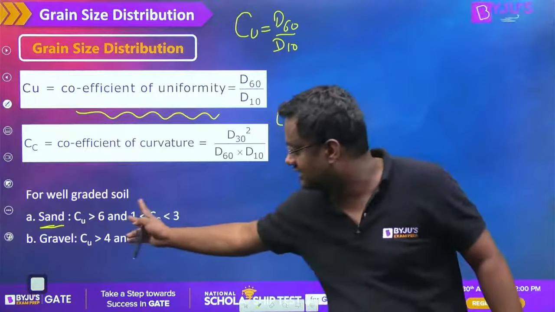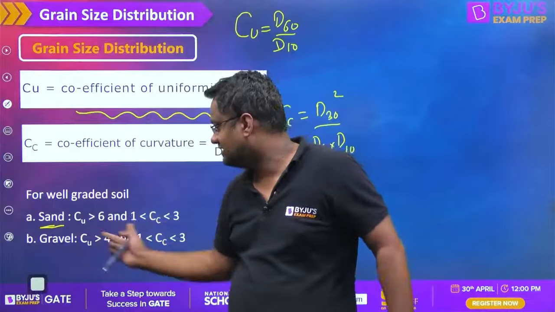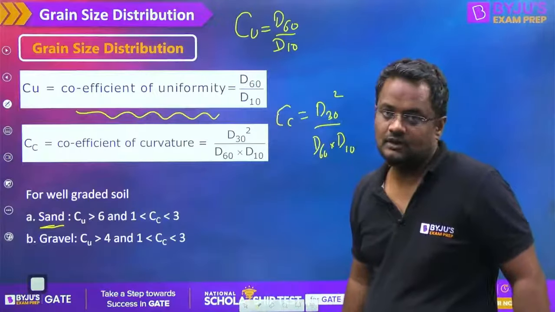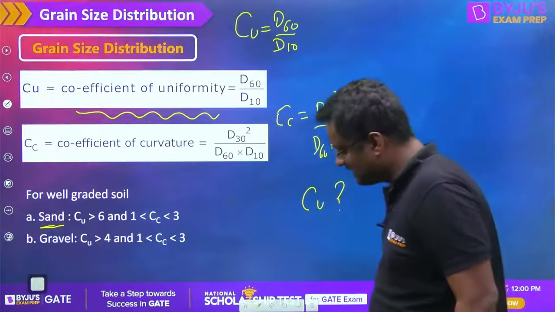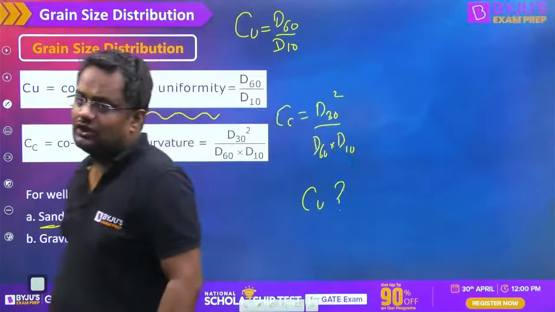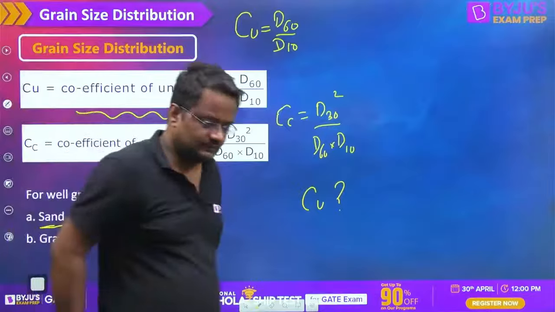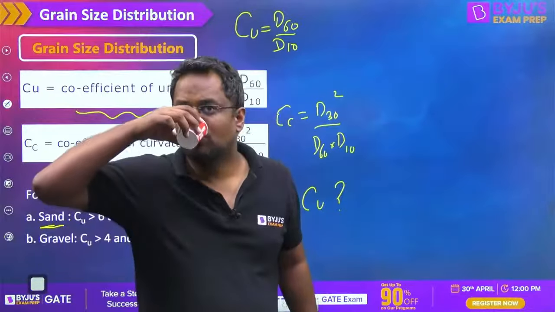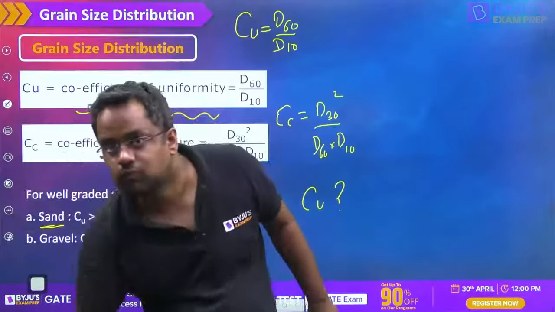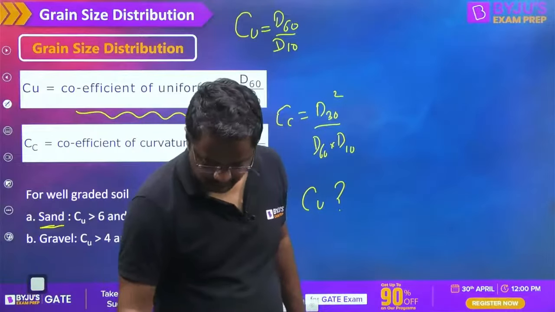These both criteria for sand, these both criteria for gravel. Can you tell me the Cu value for a perfectly well graded gravel?